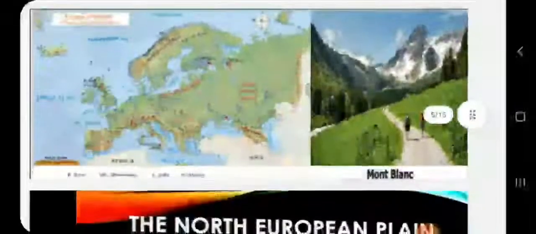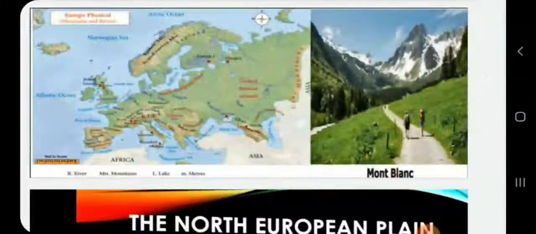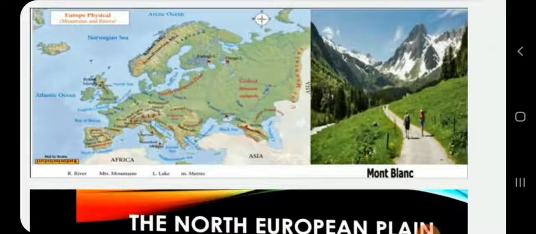You can see it in the map. See the European physical map, the mountains and rivers. There are very important mountains in the European continent: the Alps mountains, the Scandinavian mountains.